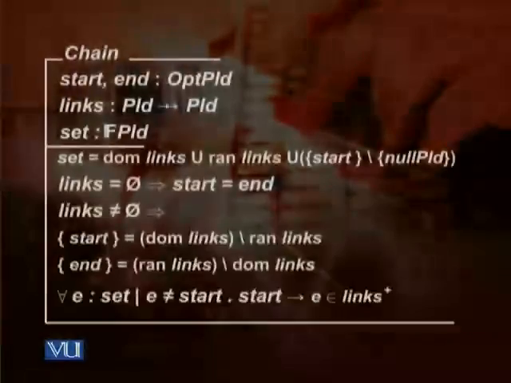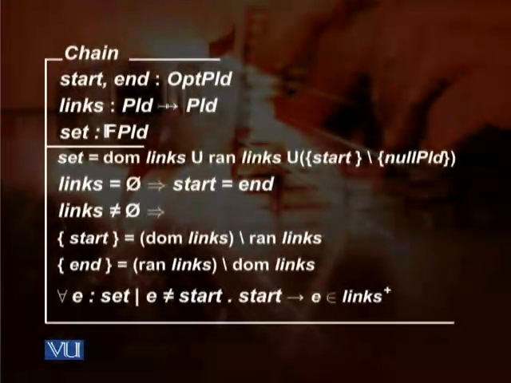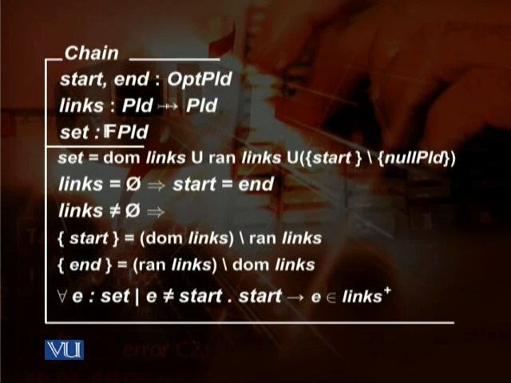Now I will be using these data structures for my refinement of the original schemas. So let me take you back to the slide and show you what we can get. So first thing is that we define a chain. A chain is defined to be a set of all PIDs that appear in the chain. So we have a start and end of a chain. Remember that we said that a chain will have a unique start and unique end.